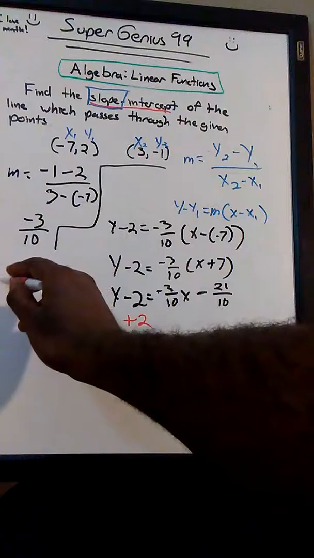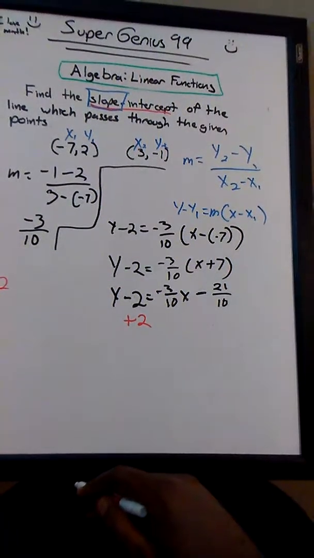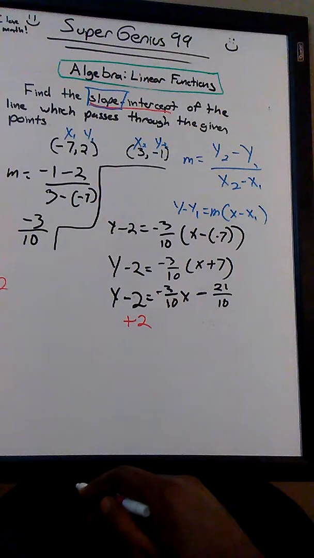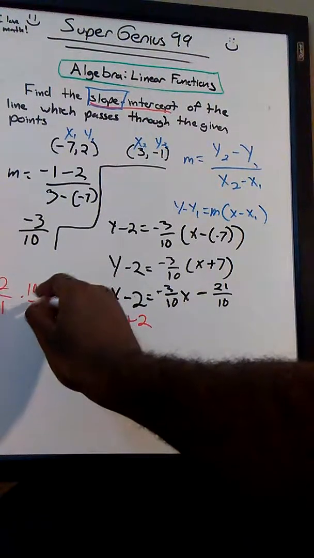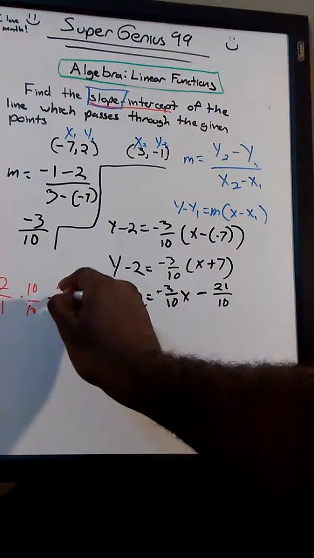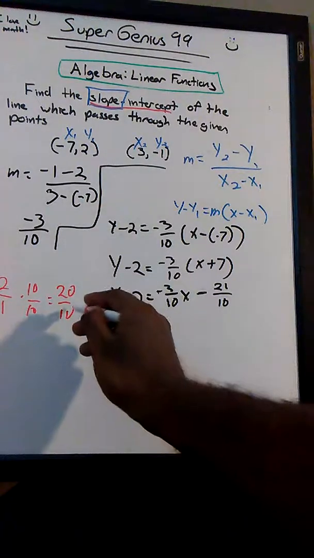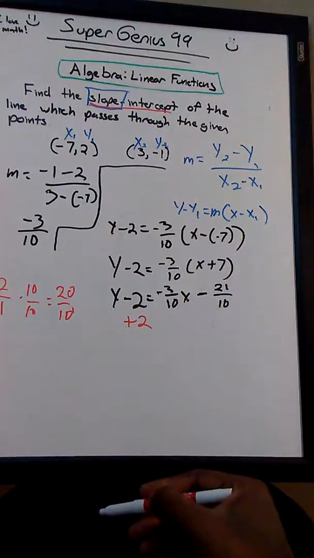But 2, written with the denominator 10, what do you have to do? Multiply by 10 over 10. And how come we can multiply by 10 over 10? Because any number over itself is just 1. And anytime we multiply a number over itself, we're just multiplying by 1. So I'm going to multiply 2 over 1 times 10 over 10, which is 20 over 10. And you can see that clearly reduces to 2.